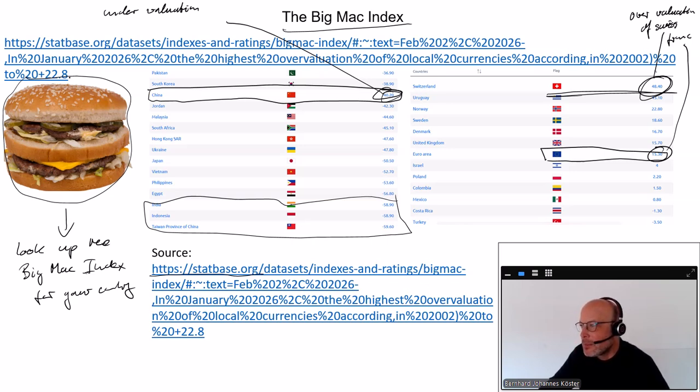Because a medium-sized Ford, compare this to a medium-sized VW. What kind of goods are these two cars? Are these really different goods? Not really.